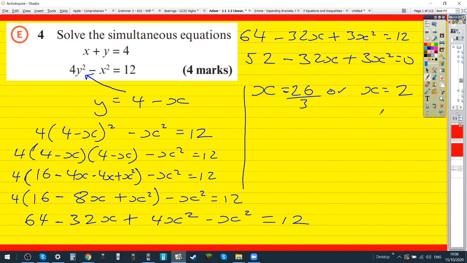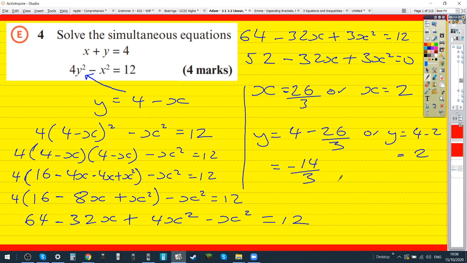And then you substitute that into y equals 4 minus x for both of them. So y equals 4 minus 26 over 3, which would be minus 14 over 3. And the other one would be y equals 4 minus 2, which would be 2.